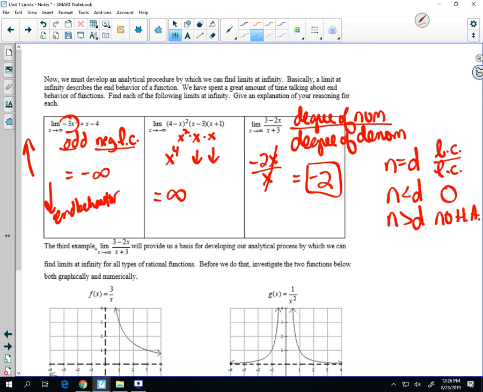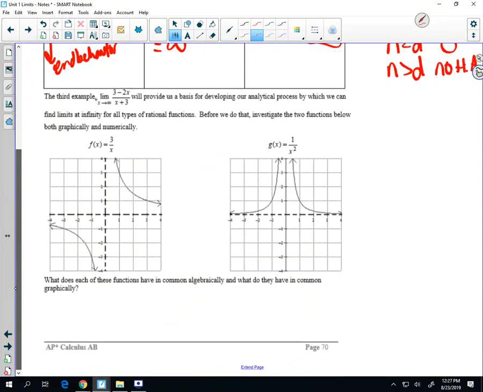Okay, so we're going to kind of talk about why this works. Let's see how far I get in this. I have no idea how long this is. So it says, the third example will provide us a basis for developing our analytical process by which we can find limits at infinity for all types of rational functions.